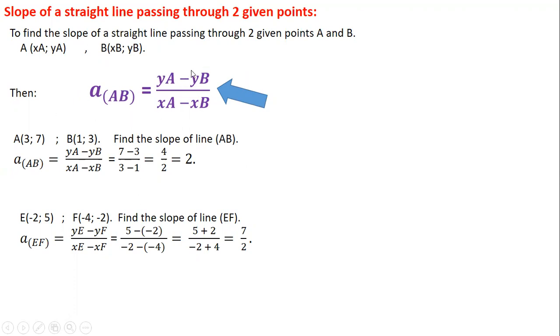So this is the equation of the slope of any straight line passing through two given points. This equation is very important, so we should memorize it. And of course, I have given you here two different exercises. You can practice again. Of course, it's not always a straight line AB.